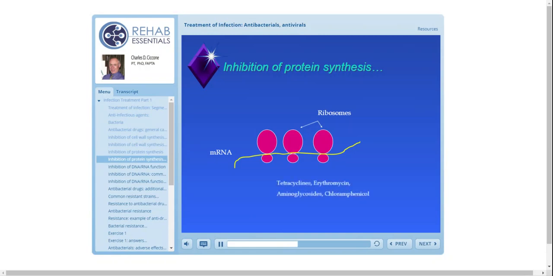But when drugs like the tetracyclines, or erythromycin, the aminoglycosides, chloramphenicol come along, they'll in some way impair the ability of this ribosome to use that messenger RNA message to create a protein. And as I said a minute ago, if a cell can't make new proteins and resynthesize proteins, it can't live very long. So that's our second major group.